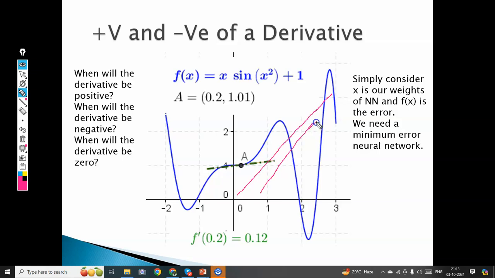So if you do a slight increment in x, automatically it will increase in the y direction also. If you increase x, y also increases. So these kind of lines are positive slope lines.